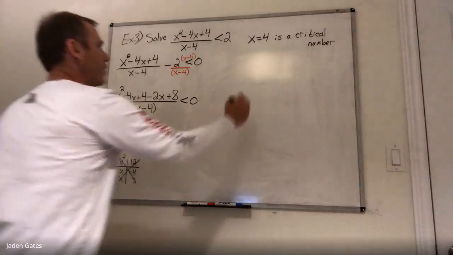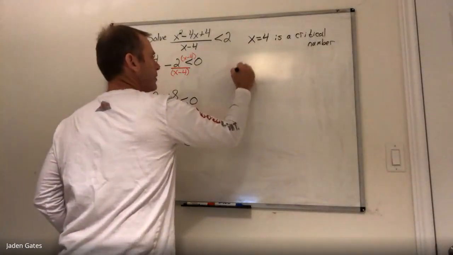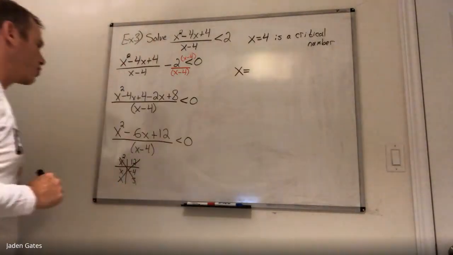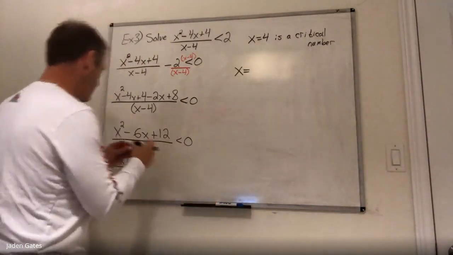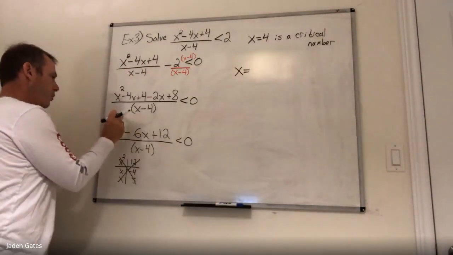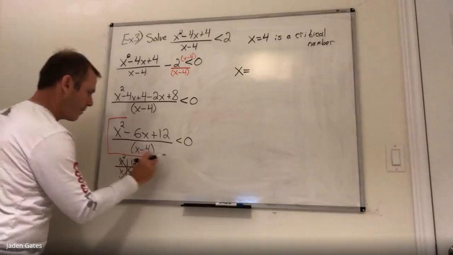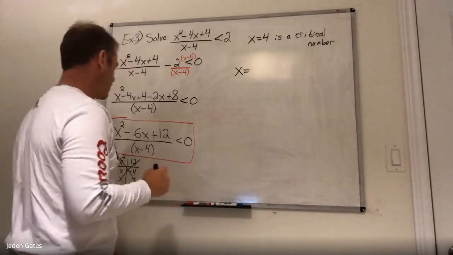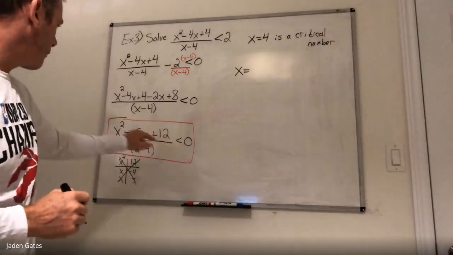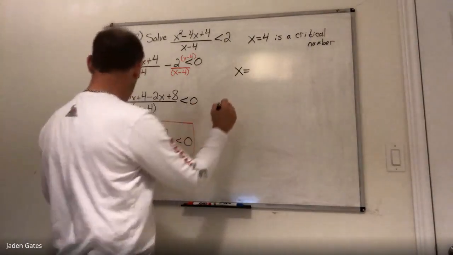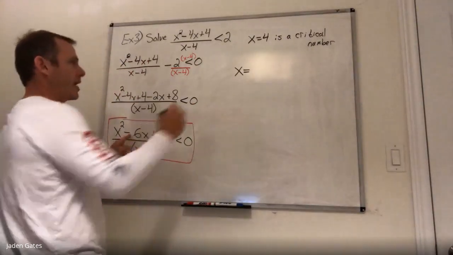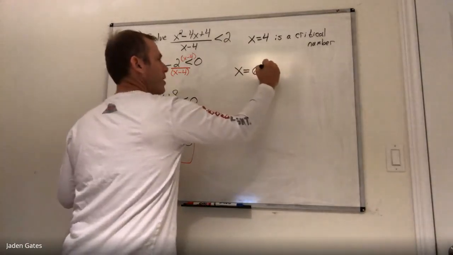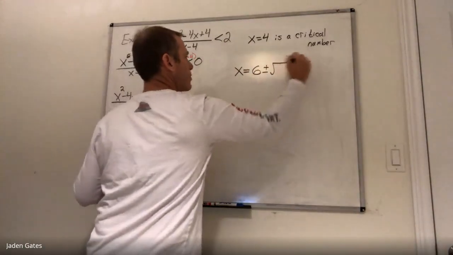And so when I go to the quadratic formula, to get the other numbers I'm going to use in my chart, and again, this is the polynomial that I am going to use for my chart. So I've got negative b. Well, b is already negative, so it's going to be 6, plus or minus the square root of b squared.